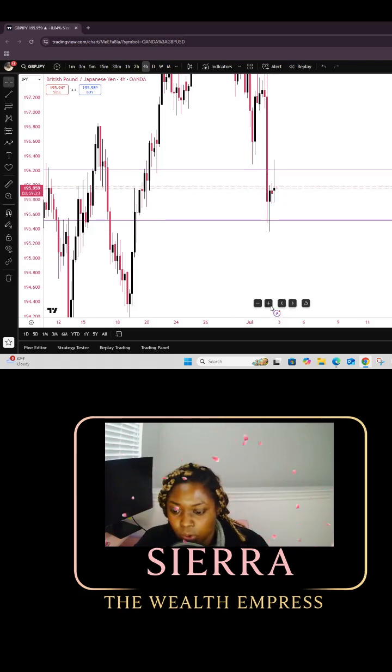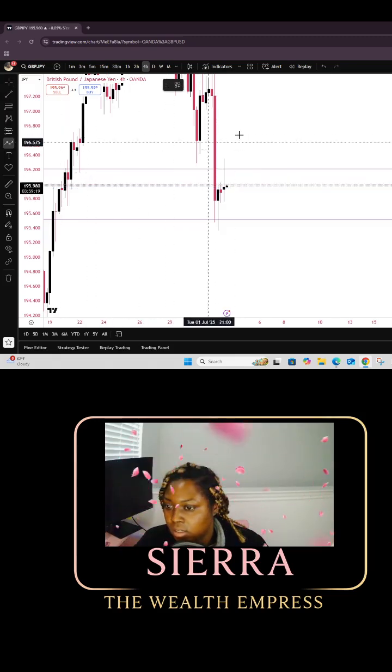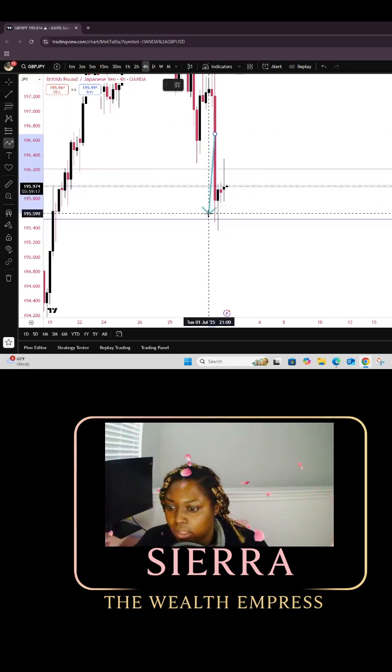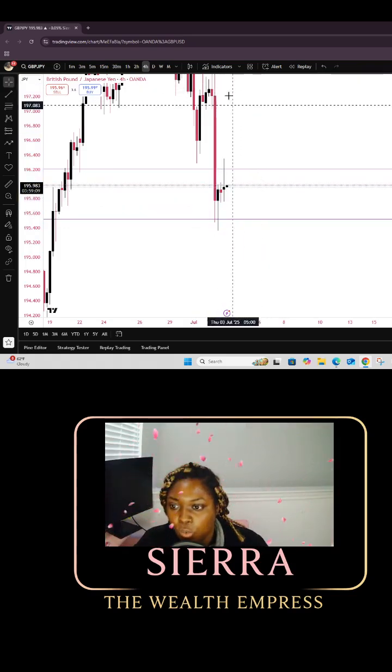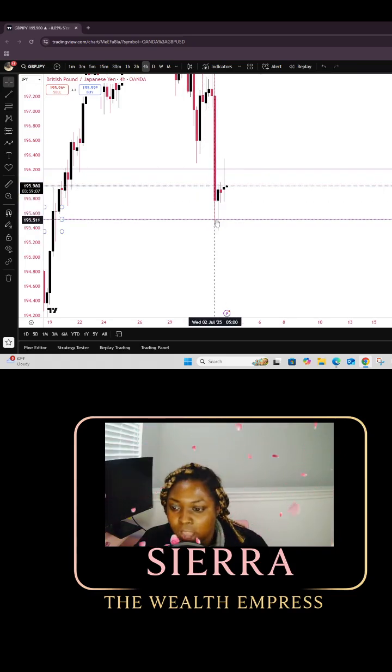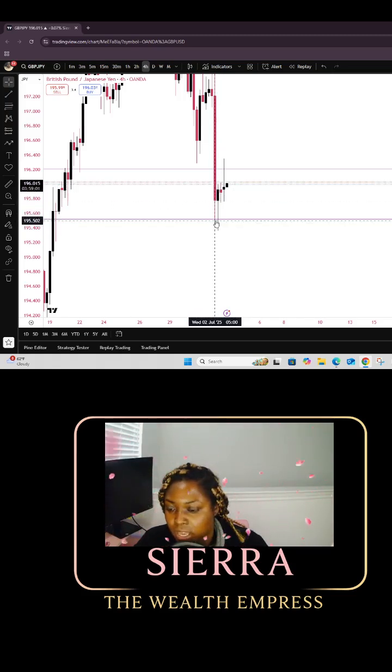A pin bar happens when price trades down, which is why we have all of this wick. Price traded down and then pushed all the way back up. So sellers were in the market, and then we got to our zone and the buyers came into the market.